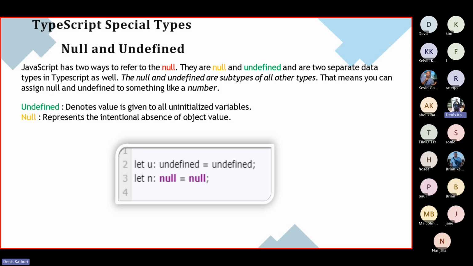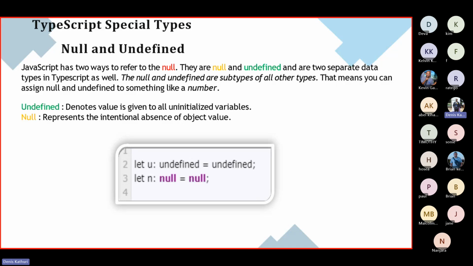Then finally, we have the special types null and undefined. In JavaScript, we have two ways to refer to something that is empty, which are null and undefined. In TypeScript, these are two separate data types, and null and undefined are subtypes of all other types.